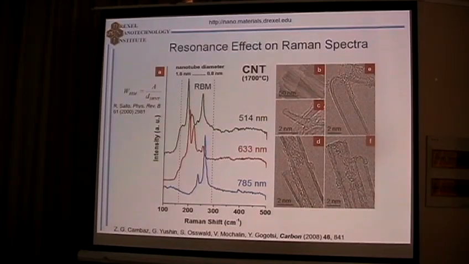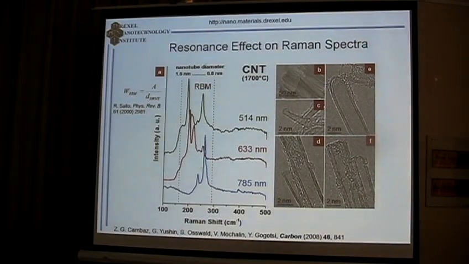So if you want to see, for example, how the average diameter of the tubes changes after oxidation, elimination of small tubes, or doing something else, you certainly need to use the same excitation wavelengths. On the other hand, as we talked before, you can use resonance enhancement to detect virtually single nanotubes on the surface.